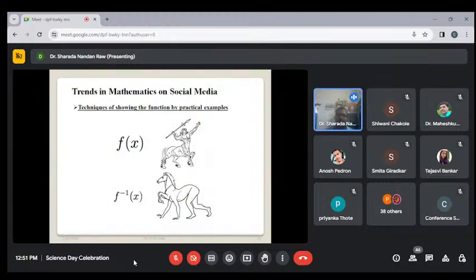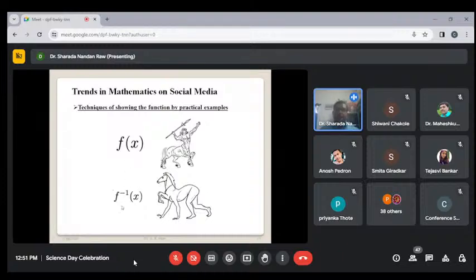See, what is the trend going on in social media? You can find such types of examples. Techniques for showing a function by practical example. Suppose f of x represents the centaur. Half the portion of the body is horse, and the head and hands are human. The head is human and the whole body is like a horse, that represents f of x.